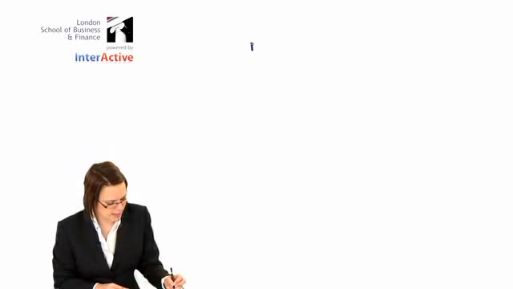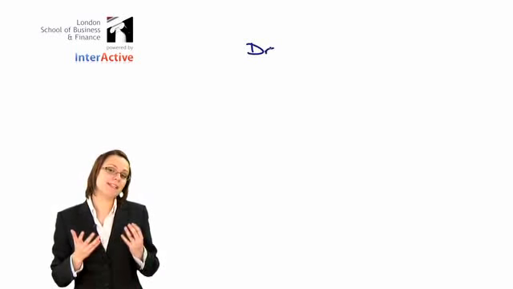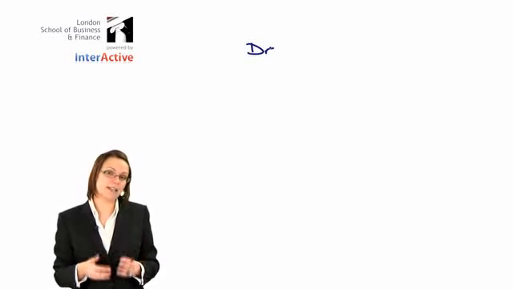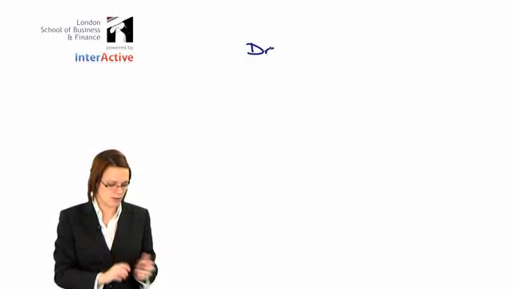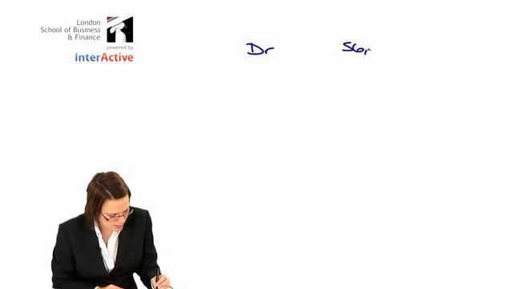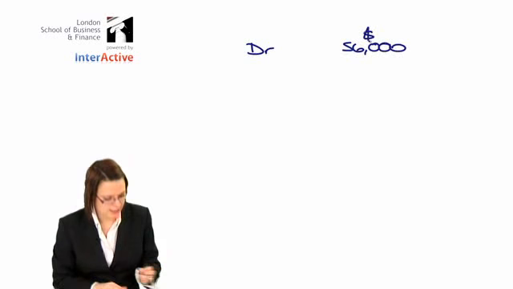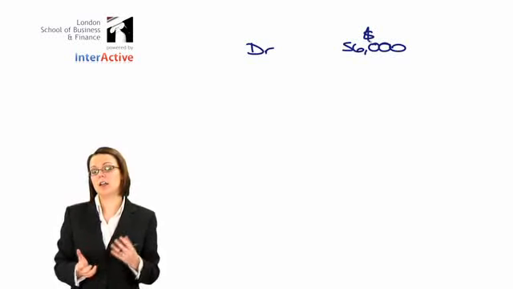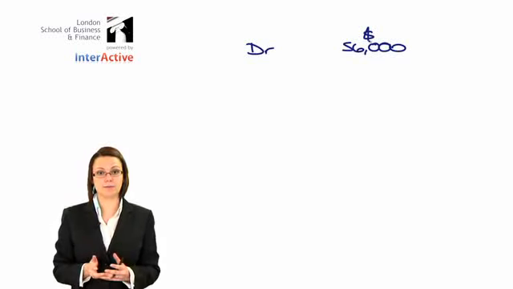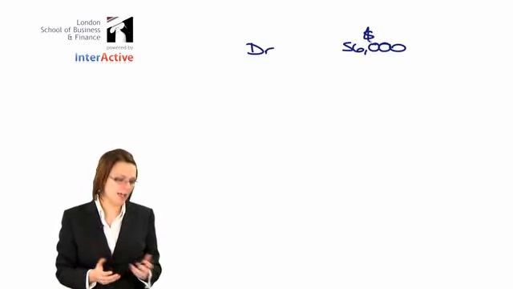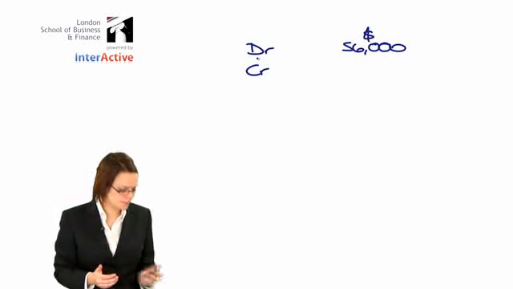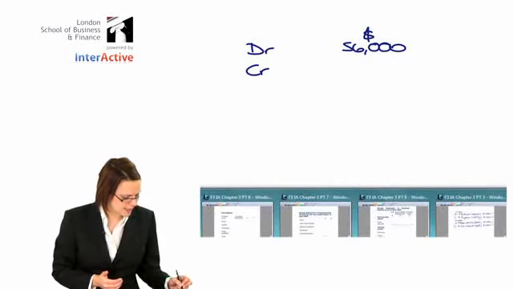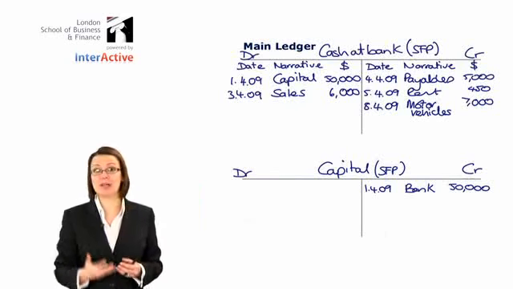Well, for cash at bank then, the debit side, we can see that it was 50,000 plus 6,000. So $56,000 is the total of the debit side of the cash at bank account. If we then compare that to the total of the credit side, well, you need to get your calculators ready, or you can do it in your head.